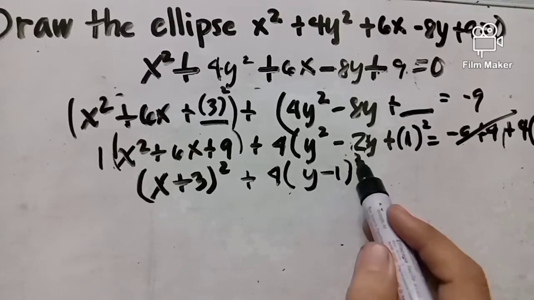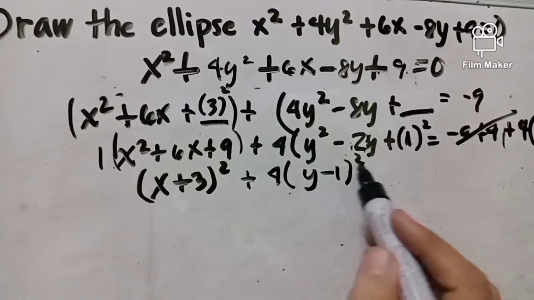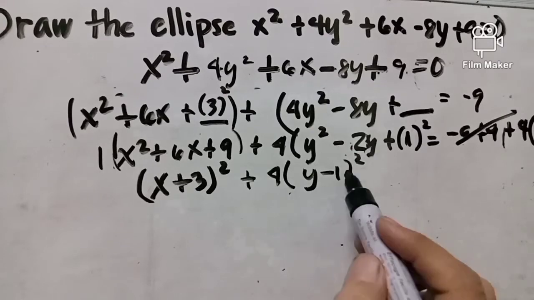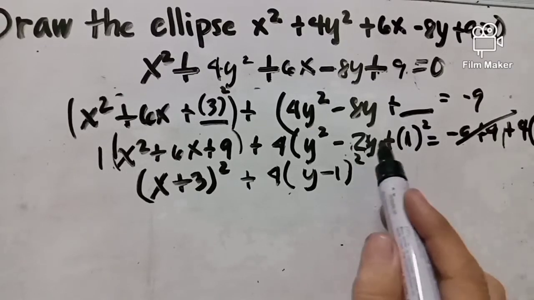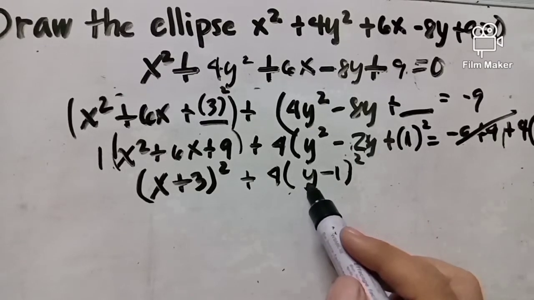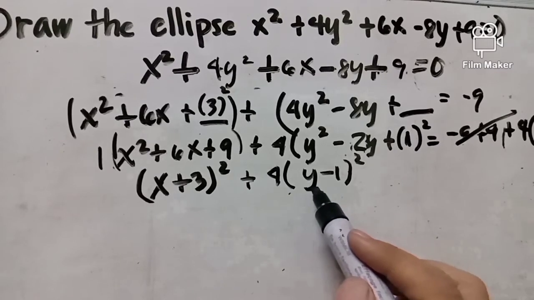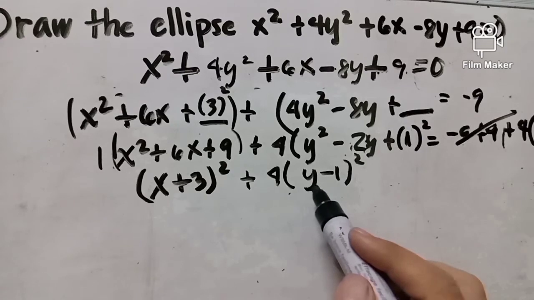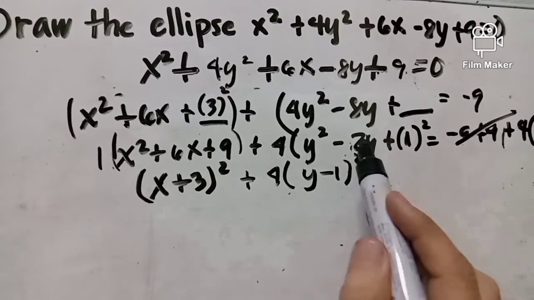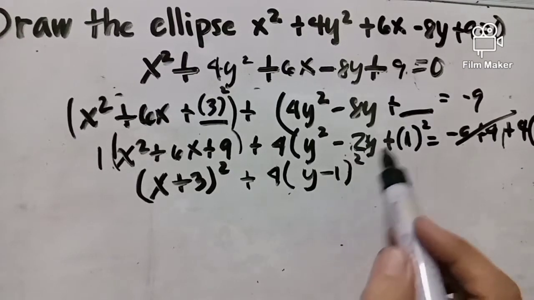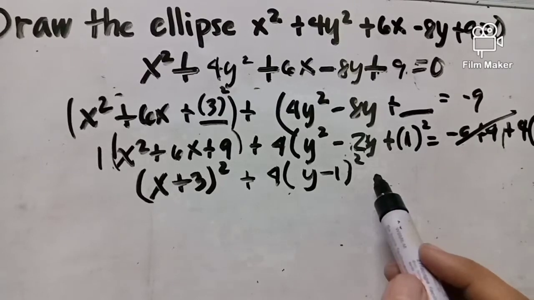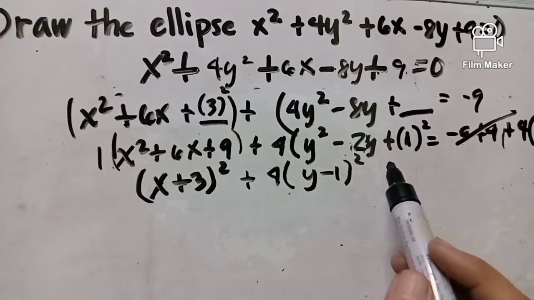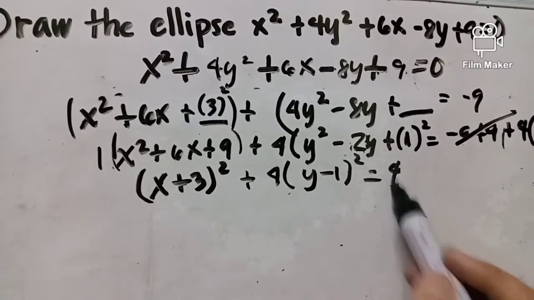Kasi y squared, then negative 2y, negative 2y. Negative times negative will become positive. And then, after that, matitira ay 4.